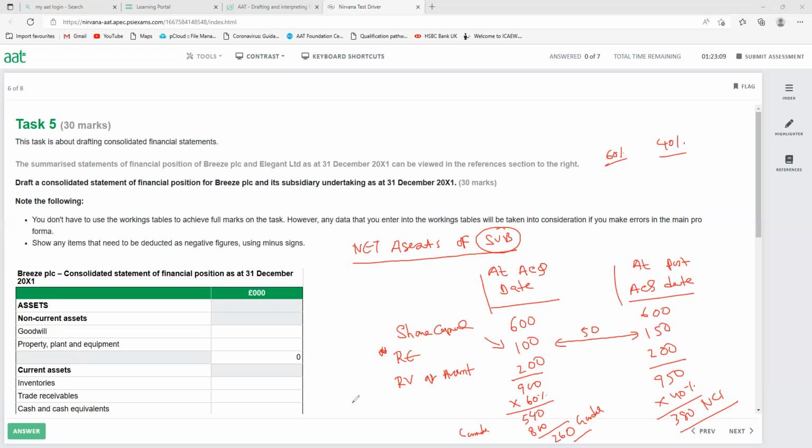All right. Now we'll start our question. The next workings we'll do is for the retained earnings. This is another important thing, RE, retained earnings. When you do the retained earnings, remember, we take only parent only. Do not take together. Retained earnings, we take only the parent. So we ask how much the retained earnings is for the parent.